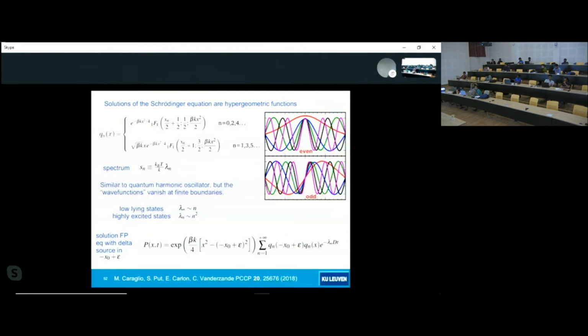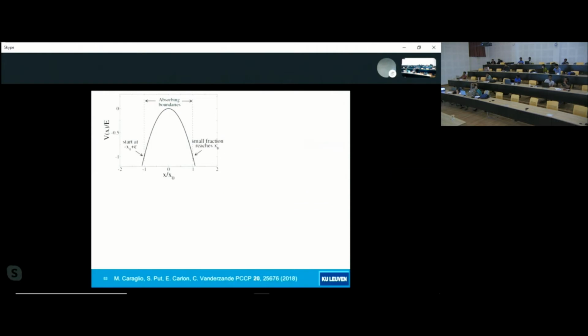So this is the exact shape of the P of x if you start with the delta function on the left side of the barrier. I recall this is our barrier. So we put a delta source here, with the previous expression, and we calculate the TPT distribution. The TPT distribution is the current going through x naught, the finite current of particles escaping from the other boundary.